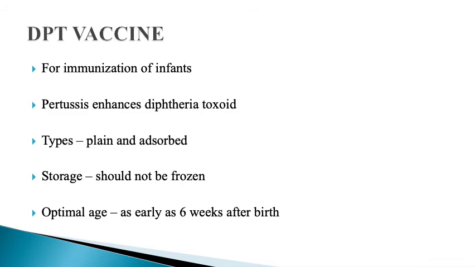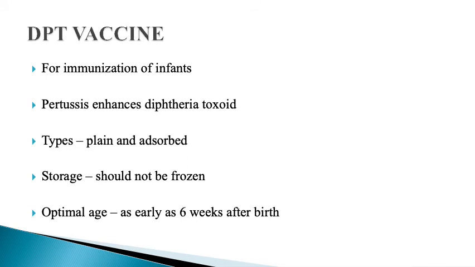It's of two types, plain and adsorbed. Adsorption is usually carried out on a mineral carrier like aluminum phosphate or hydroxide. Studies have shown that adsorption increases the immunological effectiveness of the vaccine. The WHO recommends that only adjuvant DPT preparations be utilized in immunization programs.